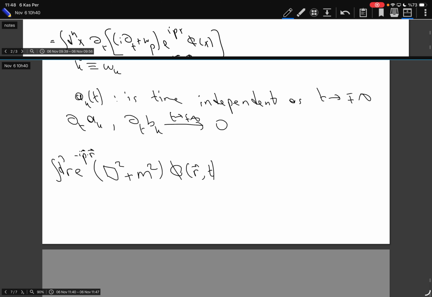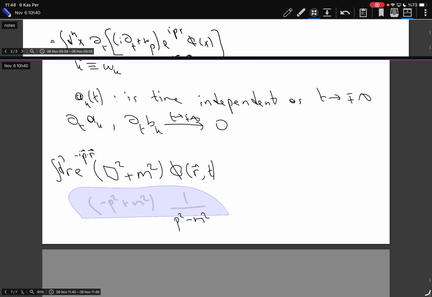So that will give me 0 unless there is a 1 over p, in momentum space. If you take the momentum space, this is minus p squared plus m squared, multiplying whatever expression I have. The only term that will contribute will be the term that depends on 1 over p squared minus m squared. This is my propagator.